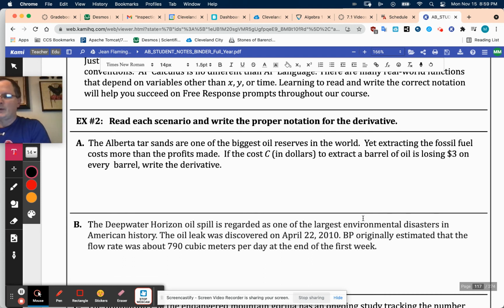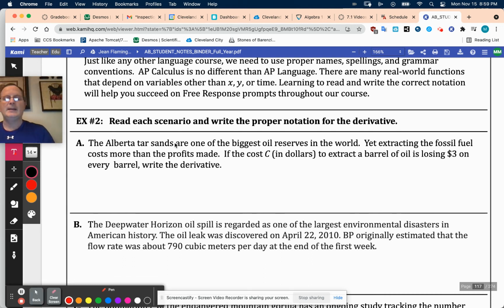Okay, so we're going to use the Leibniz notation because that's what we did on the last problem. And so we can say, if C is the cost, and we're losing $3 on every barrel, then that means that the change in the cost for every barrel is equal to negative $3.